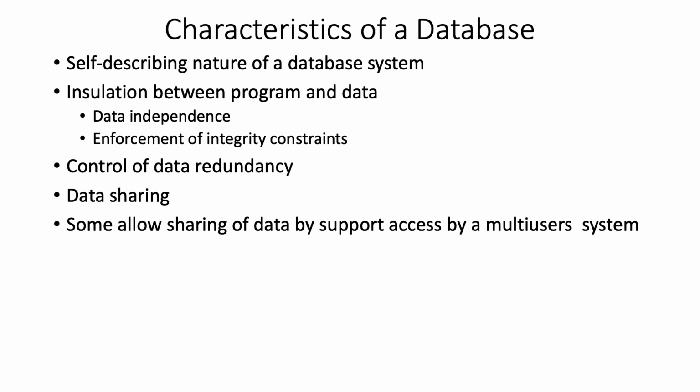I say some because, for example, Access is a single user database, and it doesn't have the ability to do journaling and the ability to have multiple users begin work and stop work and so forth. But things like MySQL and SQL Server and Informix and Oracle and DB2 and the list goes on, are designed specifically to do multi-user systems with multiple people accessing the same data, and we'll talk about more of that over the period of time.